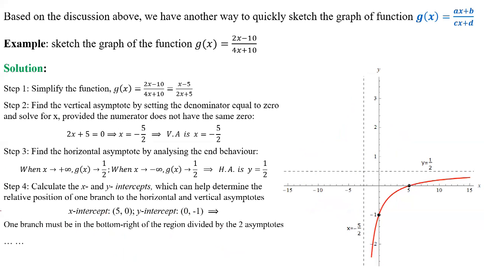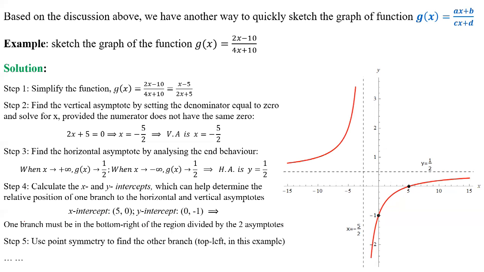Okay, so next step, as you can see here, one branch must be in the bottom right of the region divided by the 2 asymptotes, right? So we can draw one branch here first and then use point symmetry to find the other branch, which is on the top left in this example. Okay, and now after you finish everything, you can verify your result if possible using the property of this function.